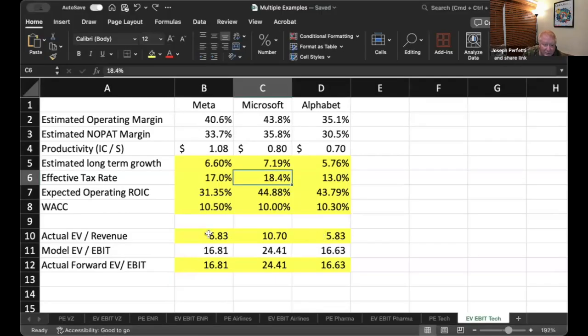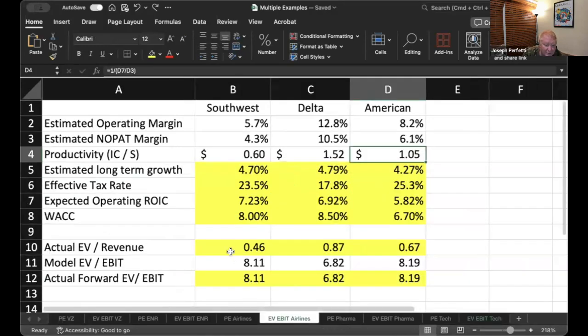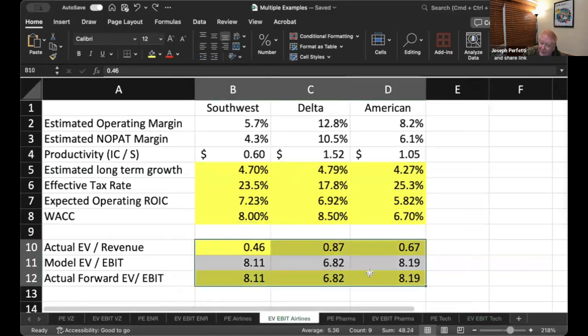Notice these multiples. Why are people paying so much more for revenue in the pharmaceutical industry? Why are people paying so much more for EBIT in the pharmaceutical industry than the airlines?